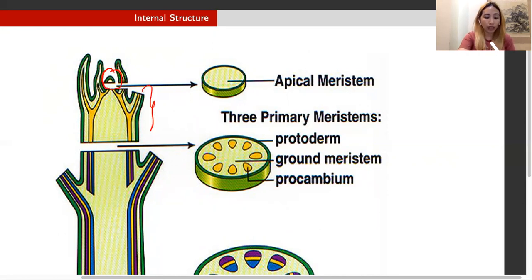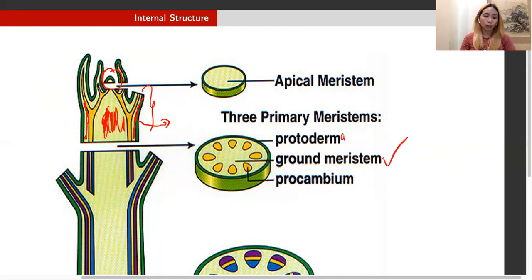So from the outside, you have the protoderm. Going inside itong area na ito, as well as this area, the lighter yellow areas, that would be your ground meristem.